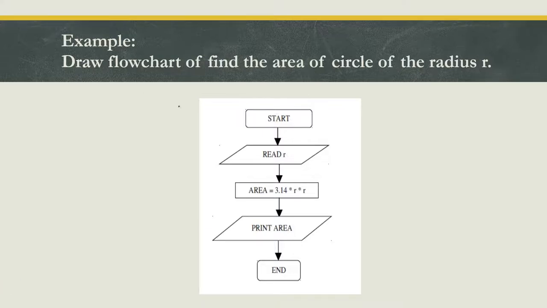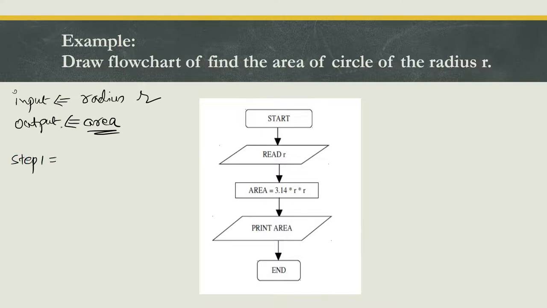Draw a flowchart to find the area of the circle of the radius r. Suppose, what is the input in this case? If you have to write an algorithm for this, input in our case is radius r, and output is the area, right? Step 1 in the algorithm, start.